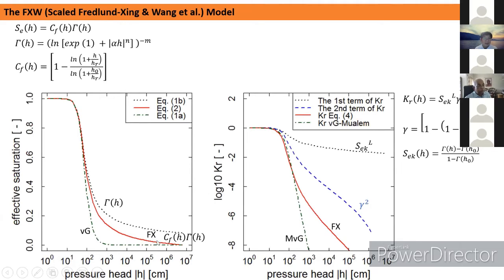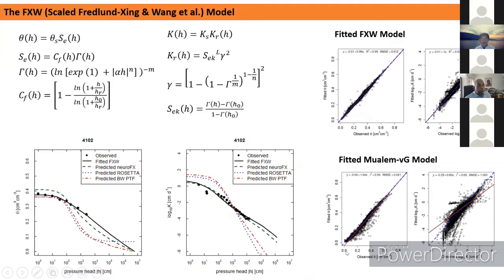So the FXW model models both capillary and adhesive forces. So the water retention drops off more slowly, and the hydraulic conductivity as well, because it models the film flow, right?